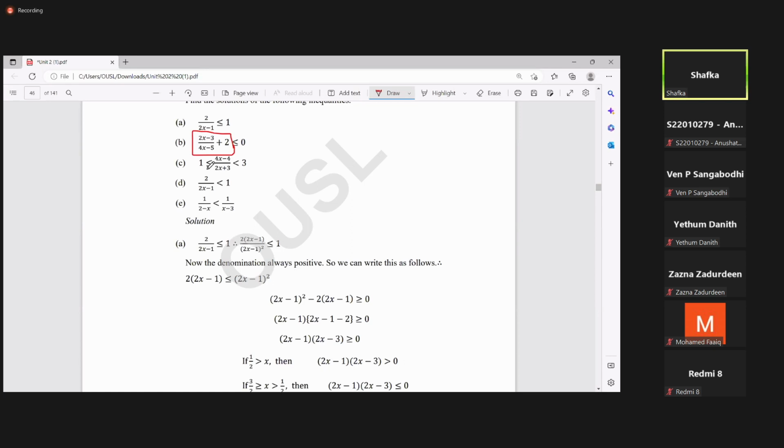And for part C, you have to consider this separately, and after that, this separately. There should be 2 different inequalities in one question, so you have to take the common region for that. Likewise, here also you have to move this into the left hand side and then simplify. Okay, those are the main parts in inequalities.